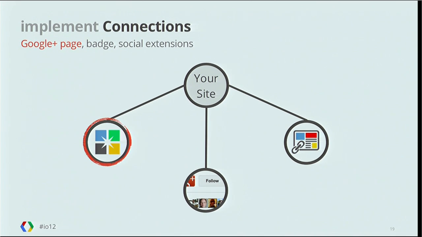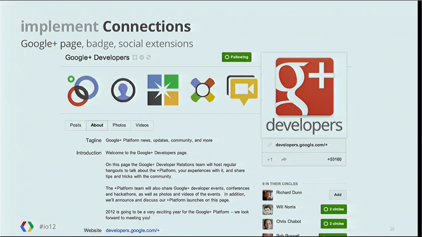So, starting with the Google Plus page. The Google Plus page is all about getting your identity on Google and giving you the ability to interact with your audience in that personal Google Plus way, with circles, with rich posts, with conversations, with Hangouts. Now, on the page, you'll notice right there at the bottom is this little website.